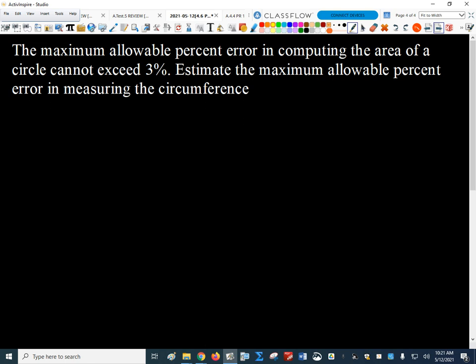Give you a couple minutes. Scratch out, see if you can come up with what it is that we're trying to find, and you've got to come up with some kind of a relationship here between area and circumference. So that's not a calculus issue, but see if you can do that real quick.